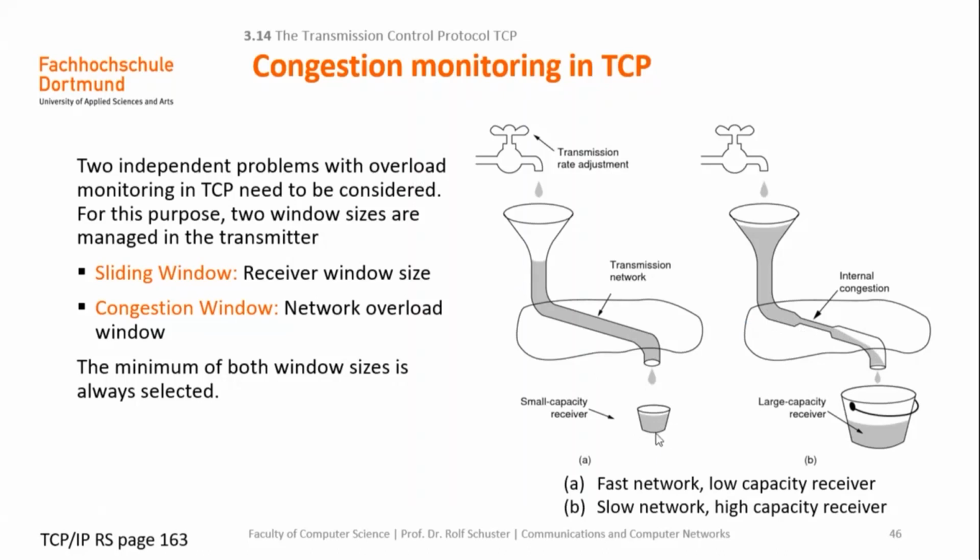If the overload or overflow is produced here in the receiver buffer, we call this the flow control that the TCP needs to perform in order to avoid the overflow or overload of this buffer. And there is another phenomenon, another problem to solve, that is the overload or overflow of the network.